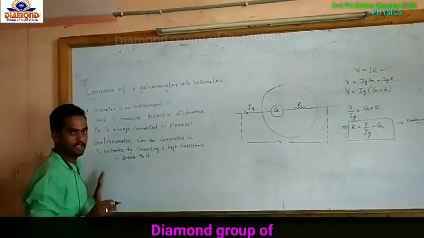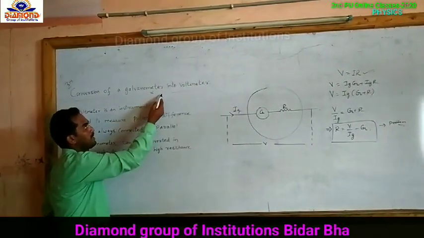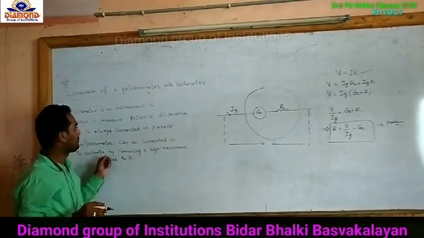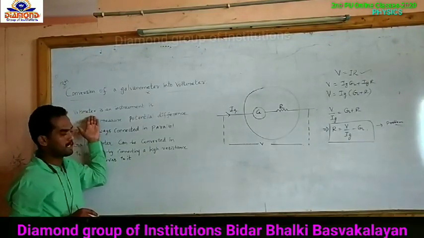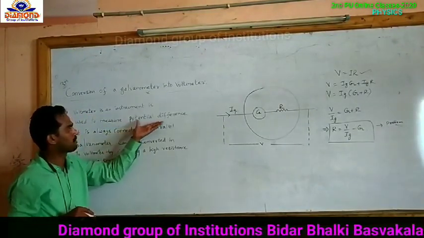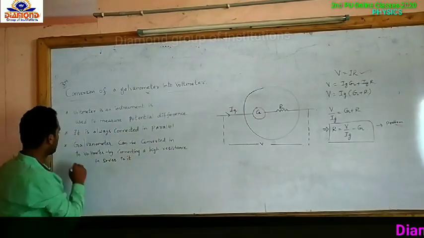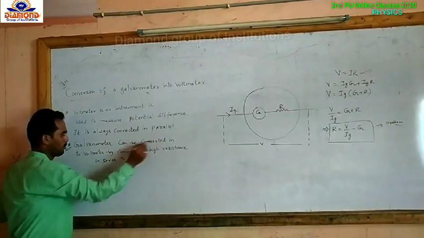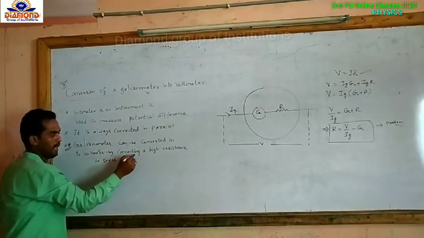And see once again, we have converted a galvanometer into a voltmeter, and a voltmeter is nothing but an instrument which is used to measure potential difference. The most important point here: a galvanometer can be converted into a voltmeter by connecting a high resistance in series.